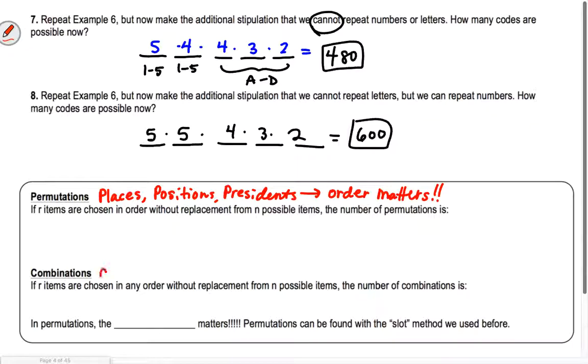But for combinations, this is things like clubs, committees, things like that, like groups of people. This is where the order doesn't matter. So if I was picking a group, let's say Greta wants to pick people to help her with Cluck Webster after school.